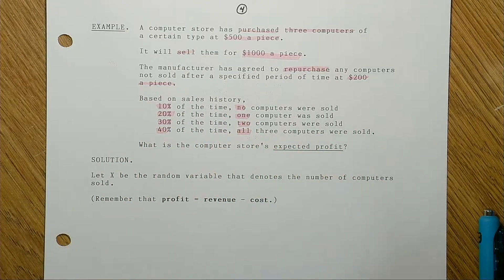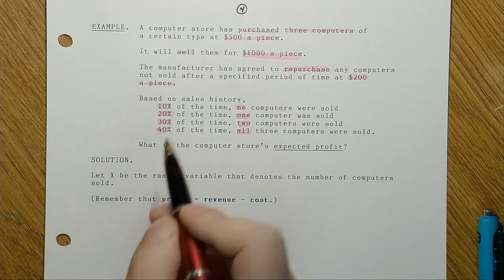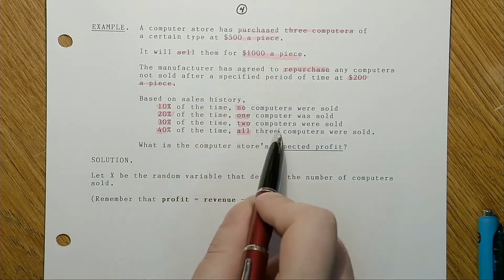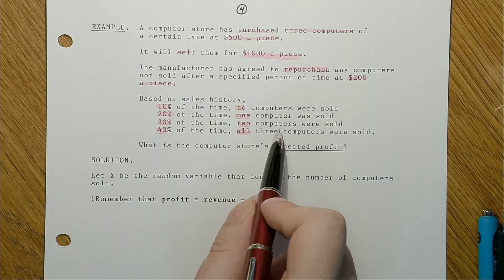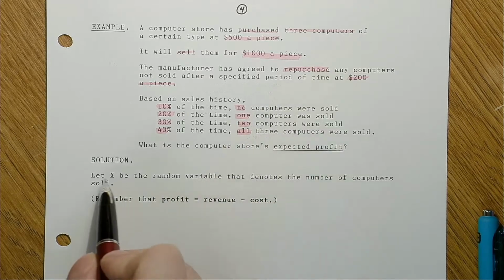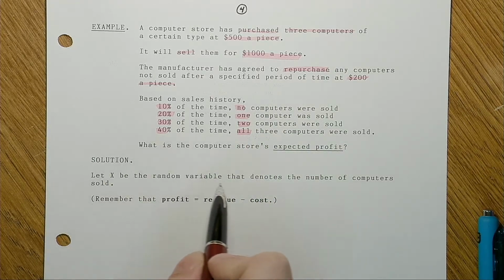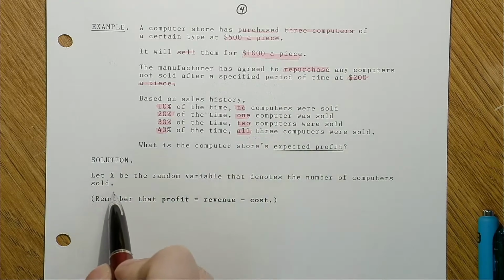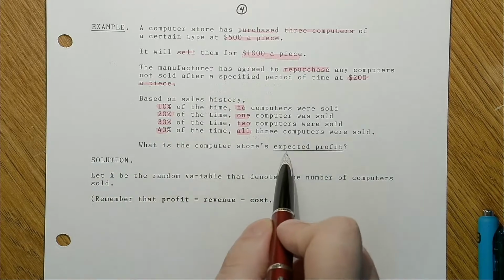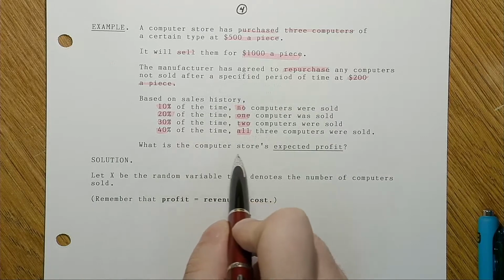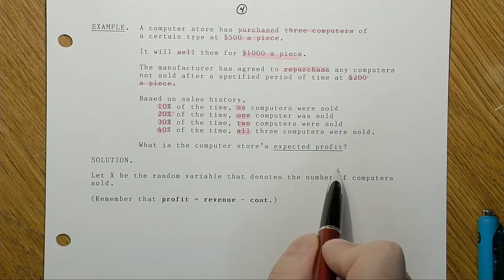And so they're not interested in the expected number of sales. We're going to let x be the random variable that denotes the number of computers sold. We're not interested in x per se. We're actually interested in this case, what is the computer store's expected profit?